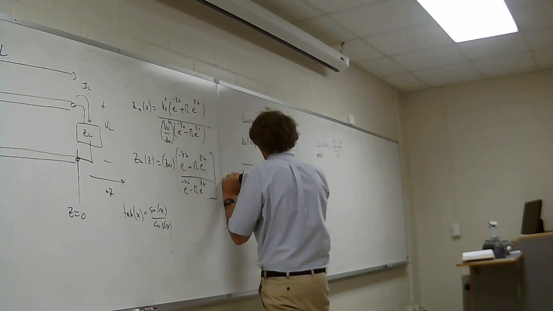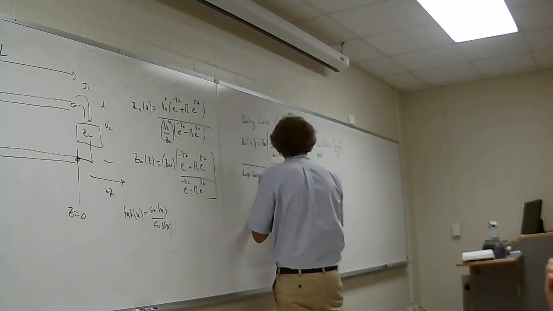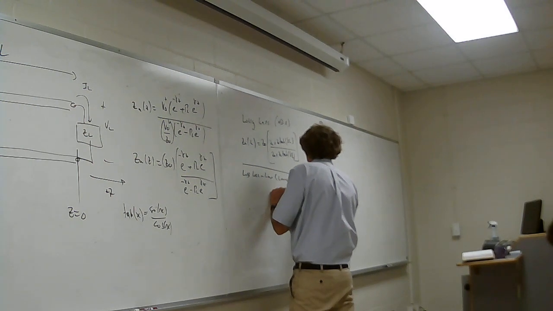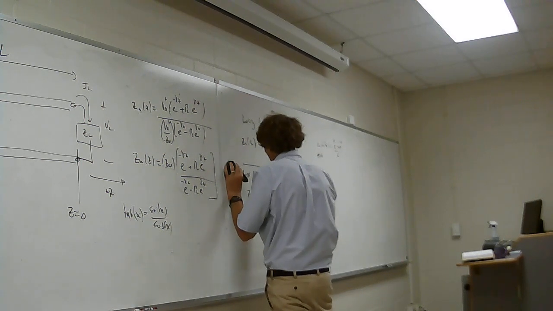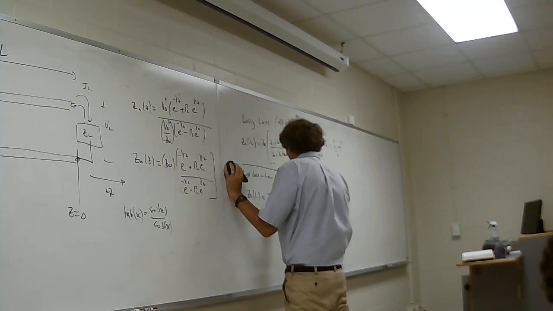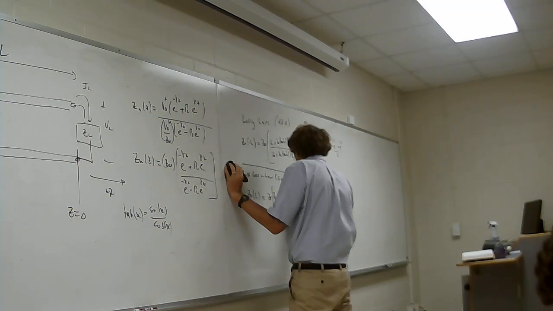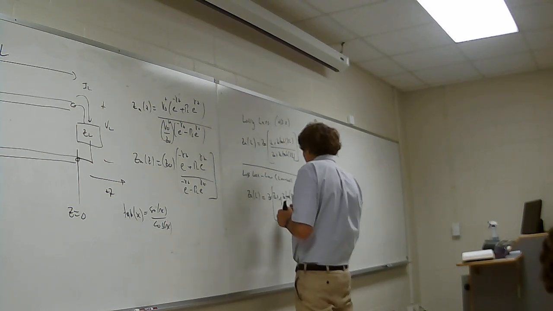This is for a lossless line. And you can put low loss, actually, and that means alpha is small. I'll explain what small means in a second. So that means the input impedance Zin as a function of the length of the line is equal to the characteristic impedance Z0 times ZL plus j Z0 times the tangent of beta L. It's no longer gamma.